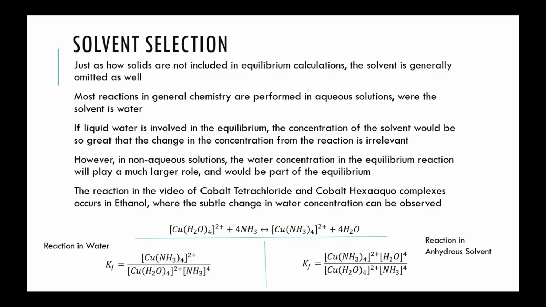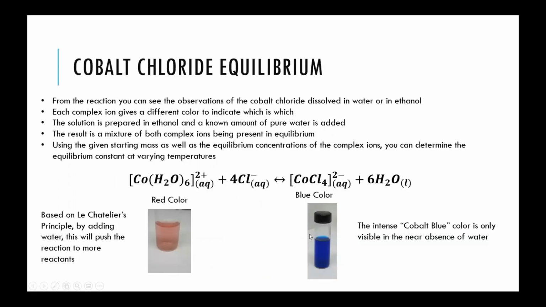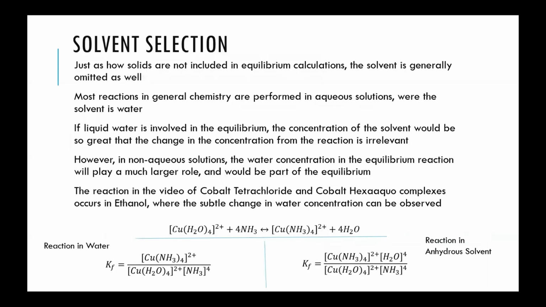In this example, the cobalt chloride is being dissolved in ethanol. When it's dissolved in ethanol, you get the dark blue, cobalt blue color because there is no water or very little water present to drive the reaction towards the red color. But if you dissolve it in pure water, it's going to start out as that red color. There's an abundance of water.